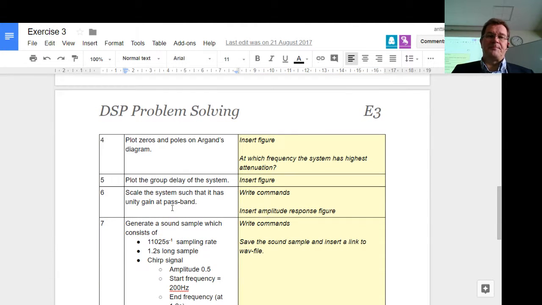Okay. Next one, zeros and poles. That's always interesting. And then basically a question at which frequency the system has highest attenuation. Highest attenuation would happen on this frequency where you have the zeros on it.